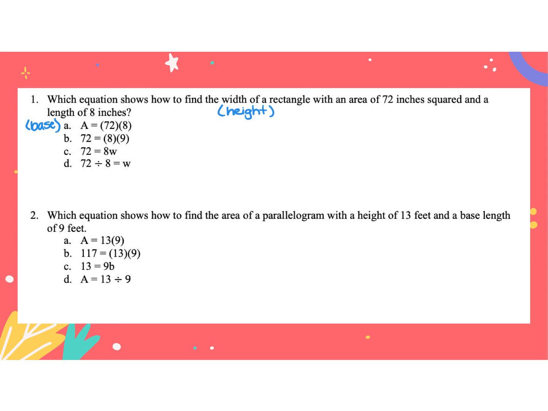We can draw a rectangle and plug in our given values. Our area is 72 inches squared, and we know that our length or our base is 8 inches, and then we're looking for the width or our height.